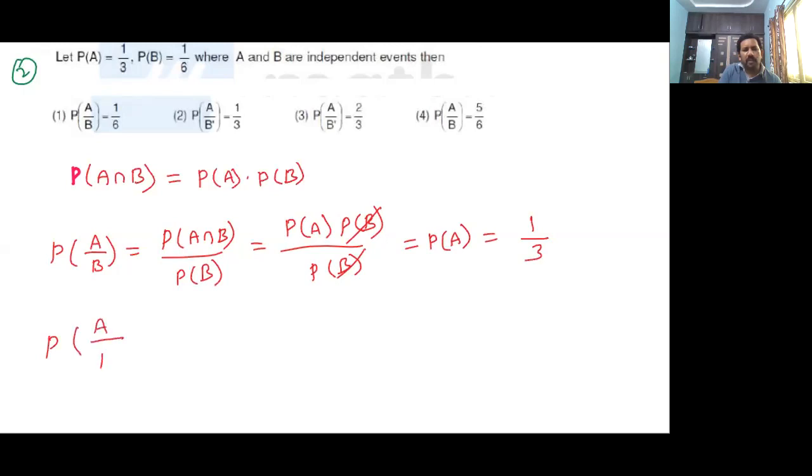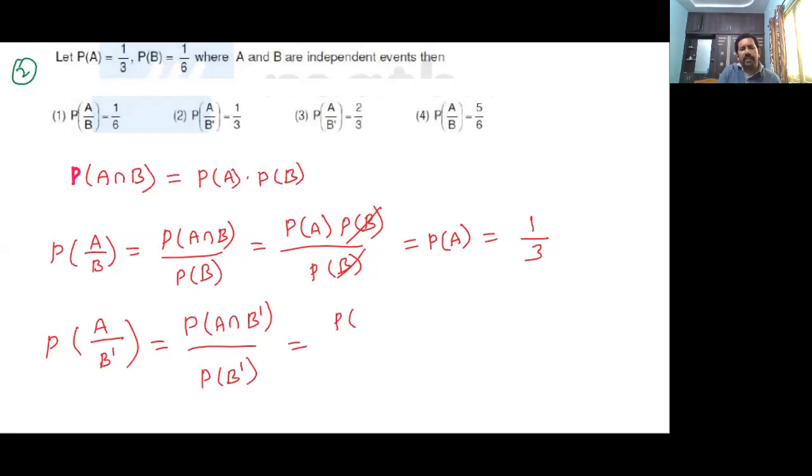P of A by B complement. So P of A intersection B complement divided by P of B complement. A and B are independent events, which means A and B complement are also independent events.